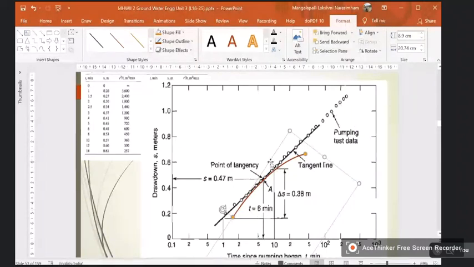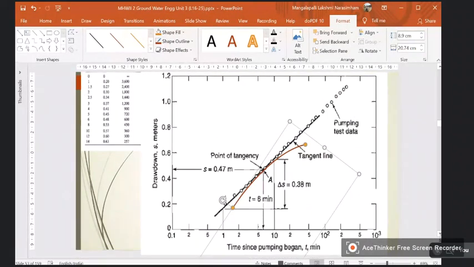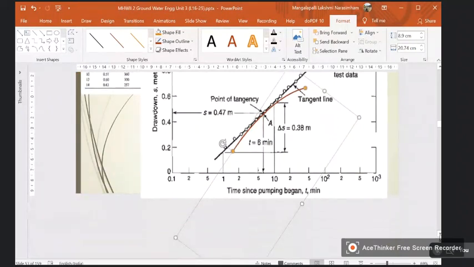Suppose this is your curve. Then choose one point and draw a tangent there. And now note the values of S and T. Now do you understand? Yes, sir.